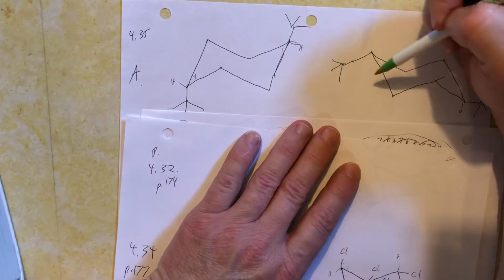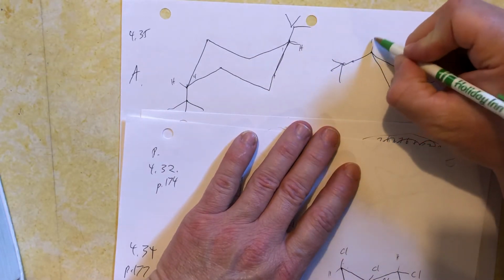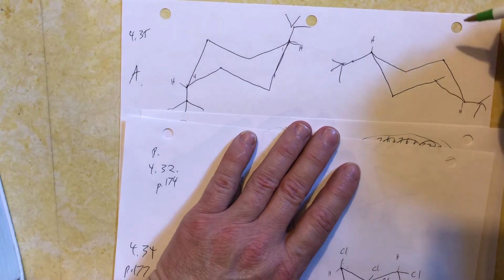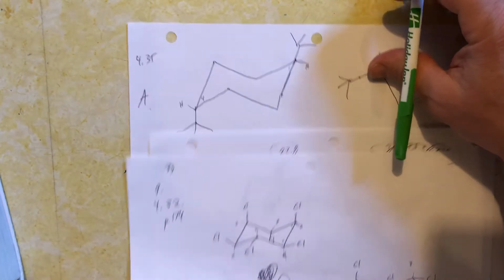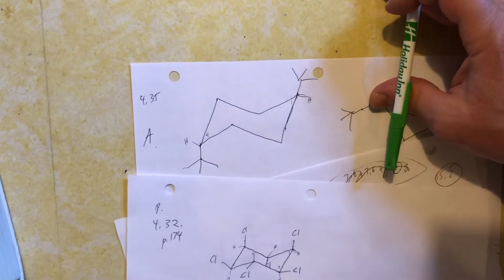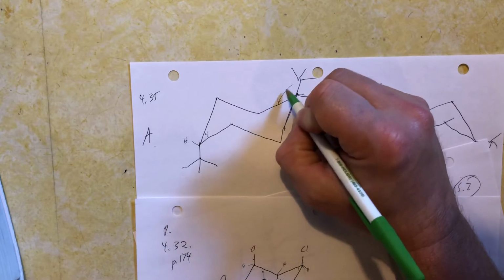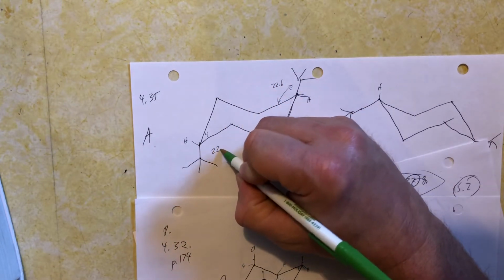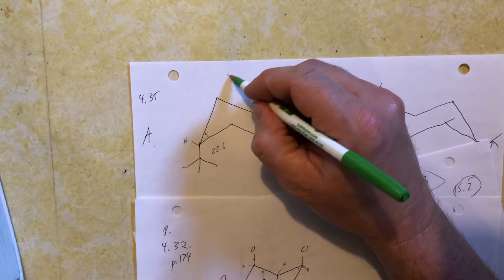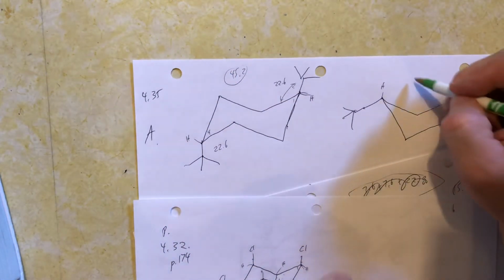And this tert-butyl would be equatorial, so the hydrogen here would be axial. And the way this is working, we've got, I don't know if I have numbers in there, but I think this is what, a 22.6 interference there and there? So that'd be, I don't know, 45.2? That would be hefty. This is going to really prefer this one.